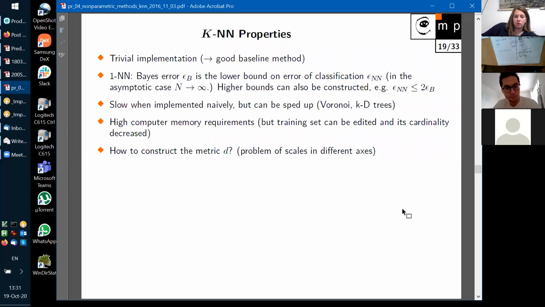It can be speeded up, and we'll talk about that. We'll show that the training set can be processed in a way that does not require that much memory. And one thing that we'll not talk about is the problem of constructing the optimal metric.